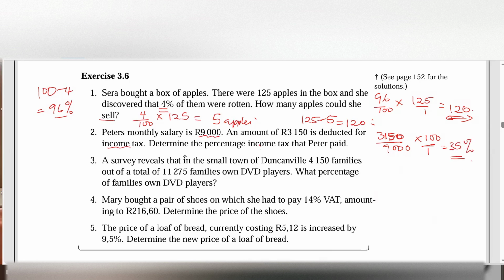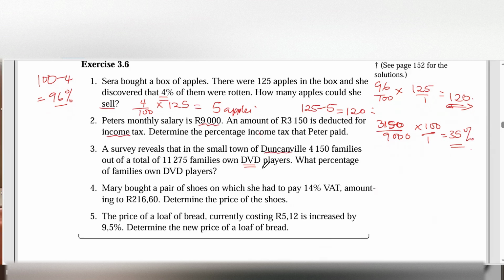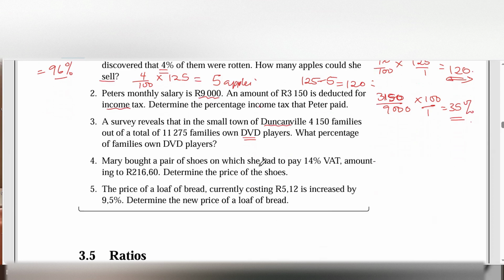Okay, and then question number 3, a survey reveals that in a small town, 4150 families out of 11275 families own DVD players. What are these? I mean, they are old models. Okay, they are dead. What percentage of the families do own?